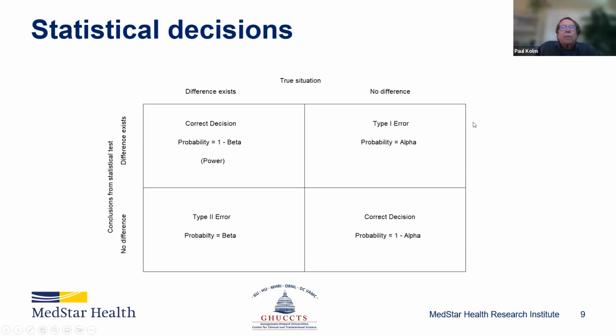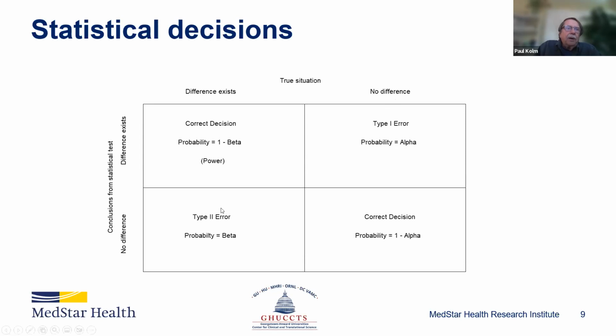So over here, if there's no real difference in the population, but based on our statistical test we say that a difference exists, then we've made what's called a type 1 error, the probability being alpha, and this is the traditional 0.05 that you see in the literature.